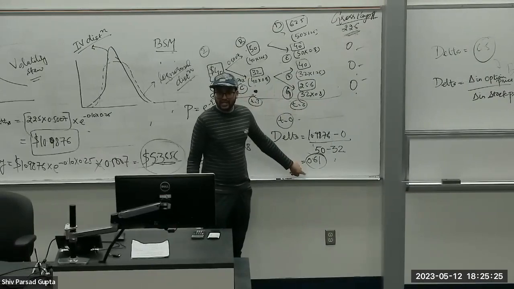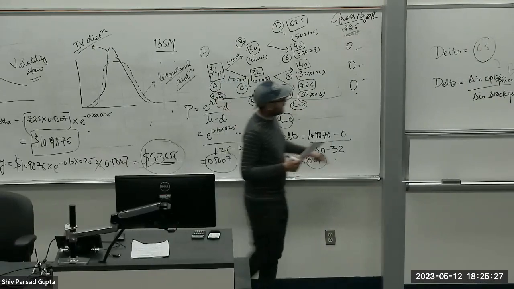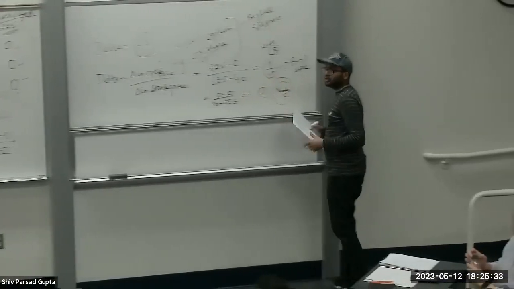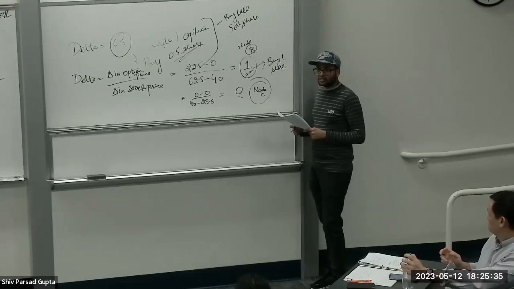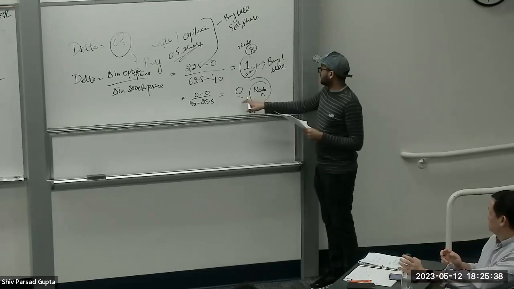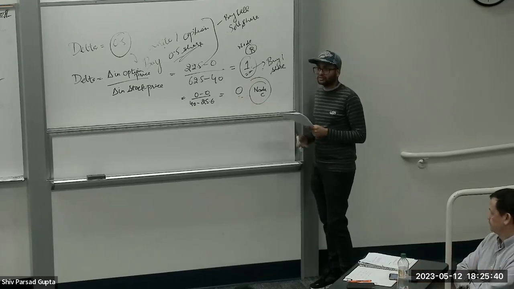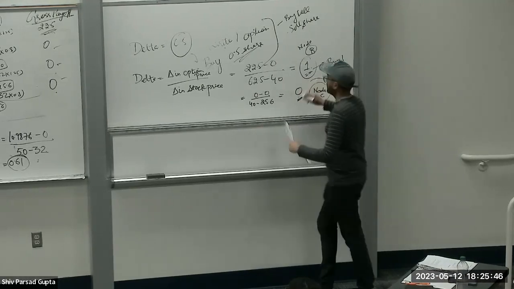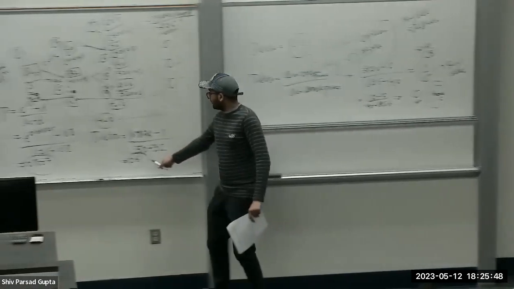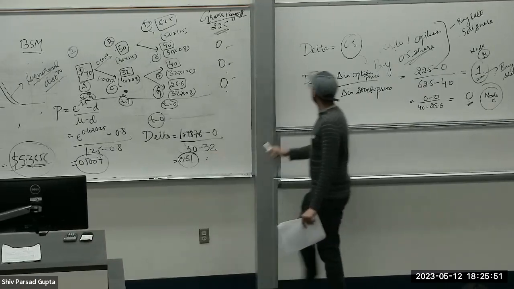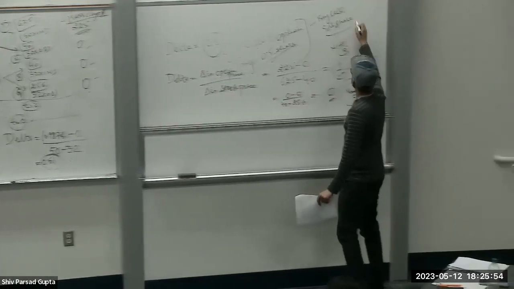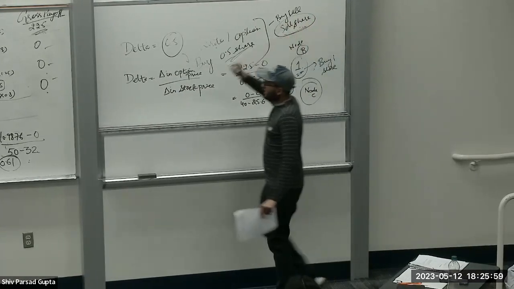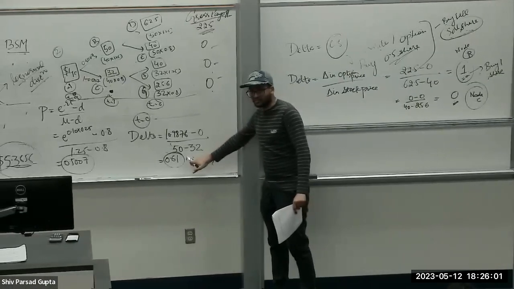So at T is equal to 0, we have delta of 0.61, and because we are buying the call, we sell the share: 0.61 shares.